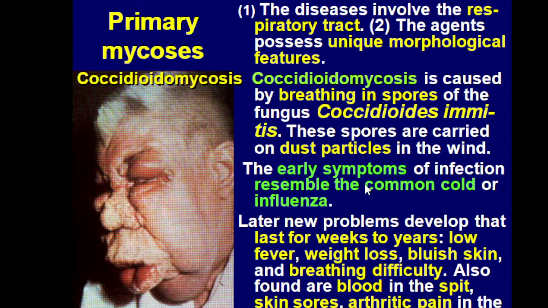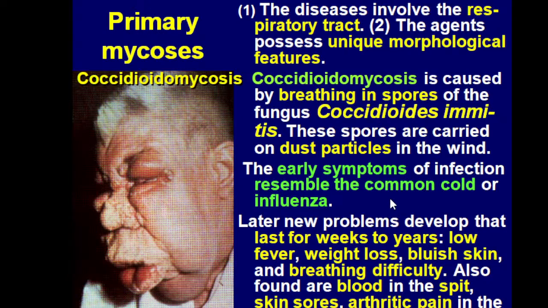And usually the multiplying agents possess unique morphological features. That is the example of coccidioides imitus infection. So the spores are carried on the dust particles, and by the wind they can be spread within the environment, and they may be inhaled.